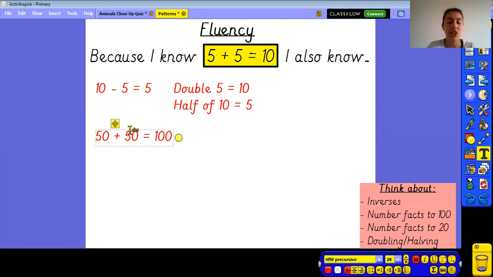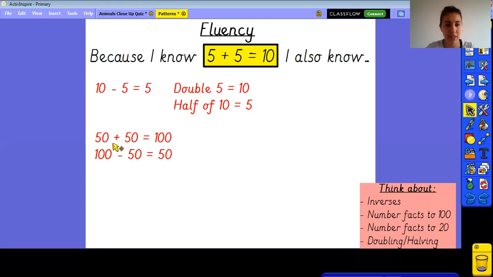Once again, addition is commutative, but because my addends are the same, there'd be no point in swapping those around because it would just give me the same one. So let's jump straight to our inverses then. The inverse of addition is subtraction. So that means I'm going to start with my whole, which is 100. I'm going to subtract one of my parts, which is 50, and that will lead me to my other part, which is 50.